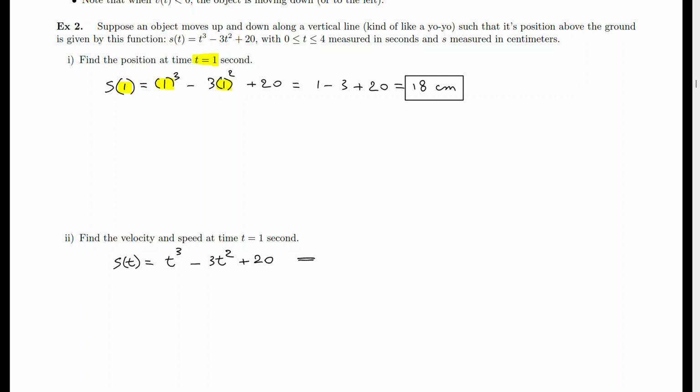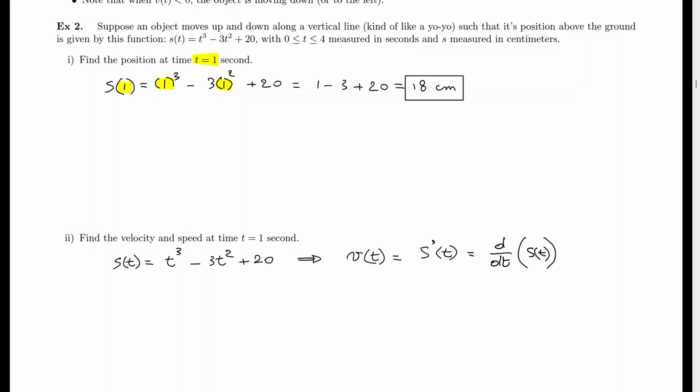And I have to remind you that the velocity is just the derivative of the position. So it either is written as s prime of t, s apostrophe of t, or you can write something like d over dt of s of t.